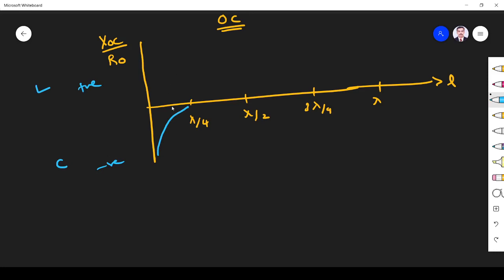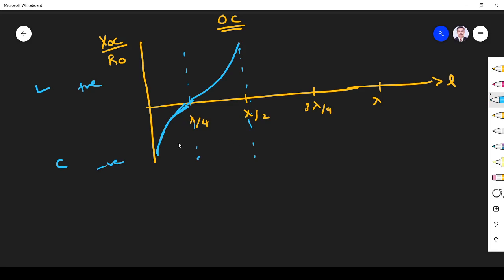We know the reactance, so it goes like this. From 0 to lambda by 4, it is a capacitor. Lambda by 4 to lambda by 2, it is an inductor. From lambda by 4, again the same thing will repeat.